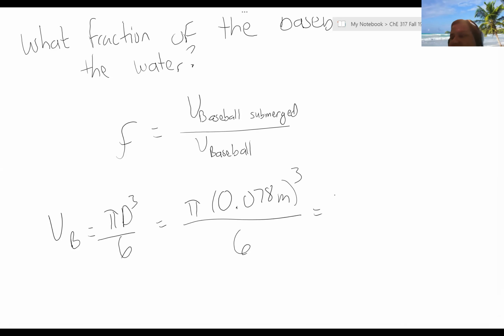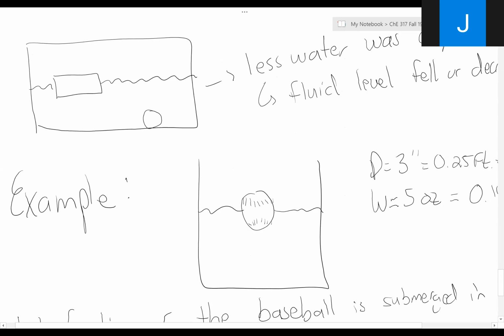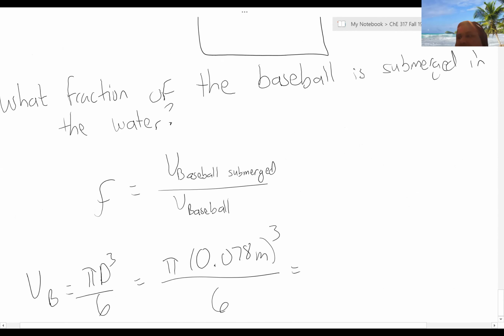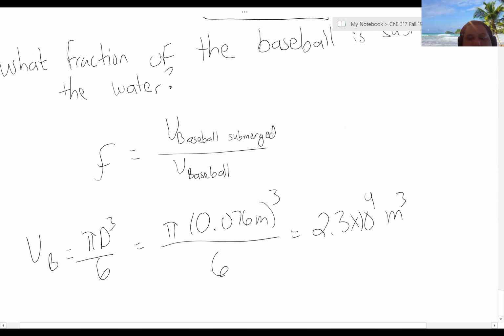I thought the diameter was 0.076, not 0.078. Oh, I apologize, thank you. So if I take 0.076 and cube it, times pi, divided by 6, I get something really small, 2.3 times 10 to the minus 4 cubic meters, which I'm not surprised, it's a baseball.